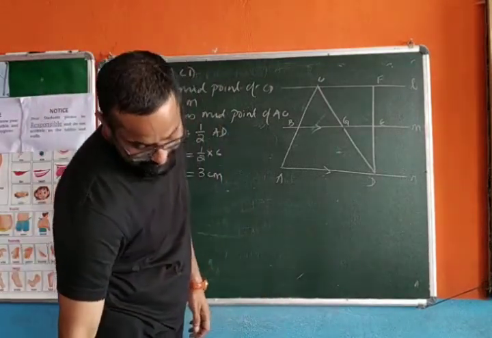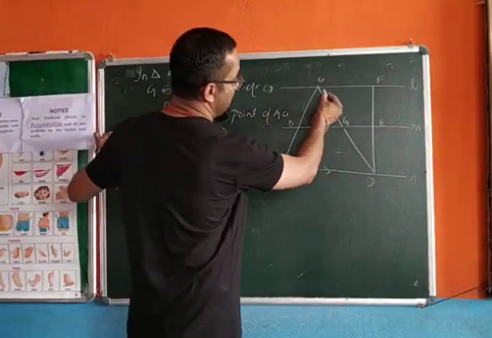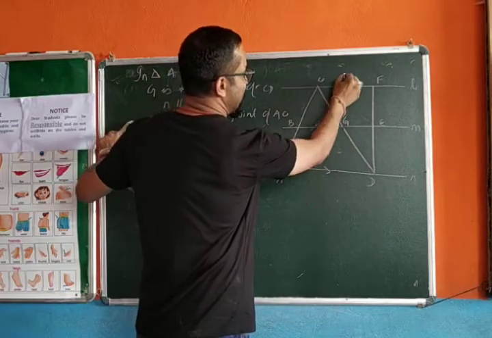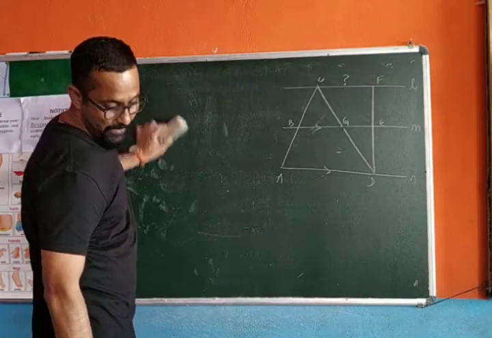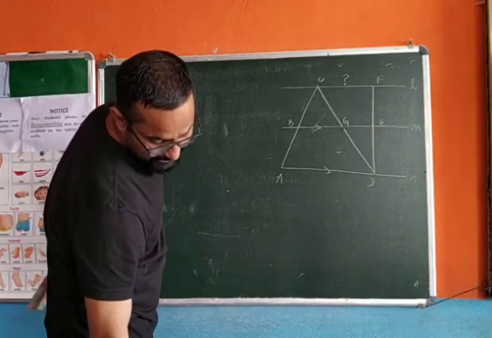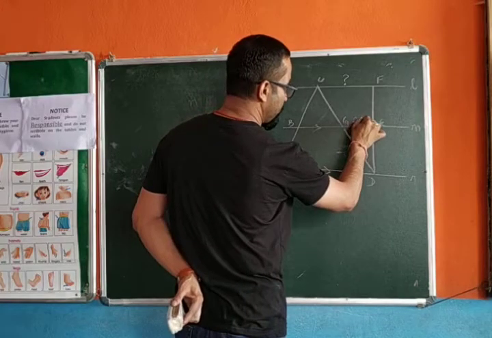Second one, the question says calculate CF when GE is 2.3. GE is 2.3.